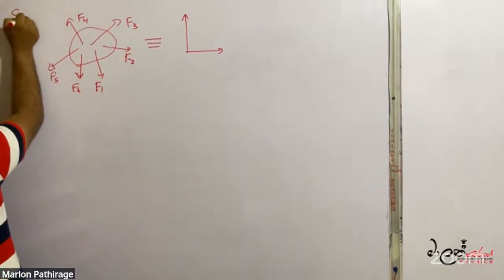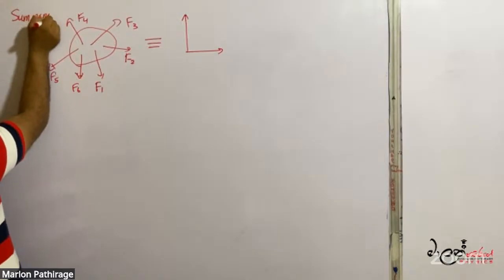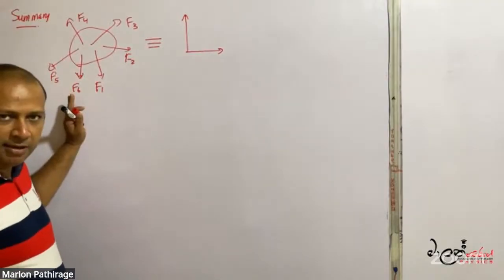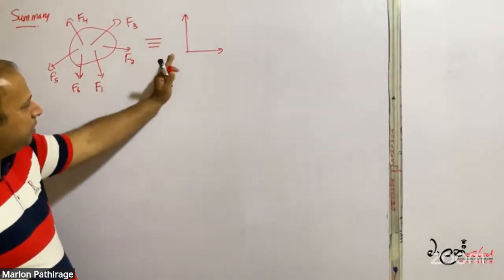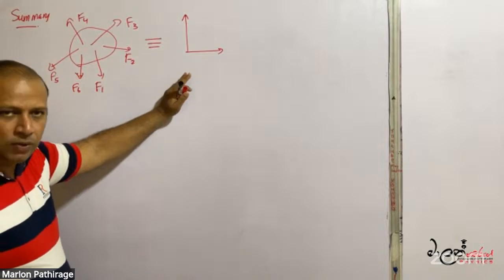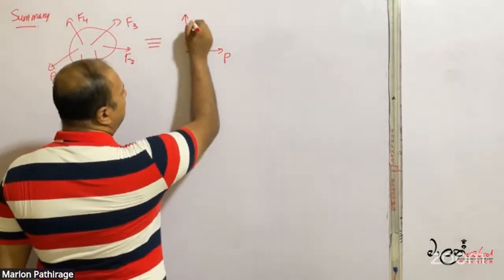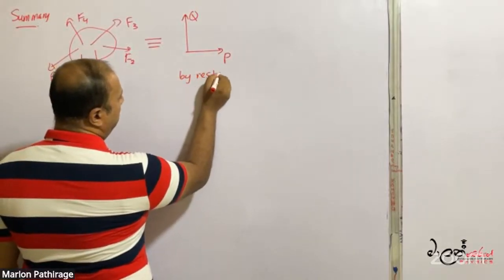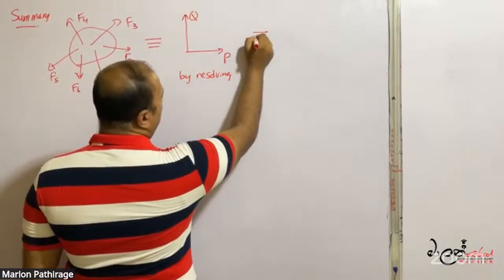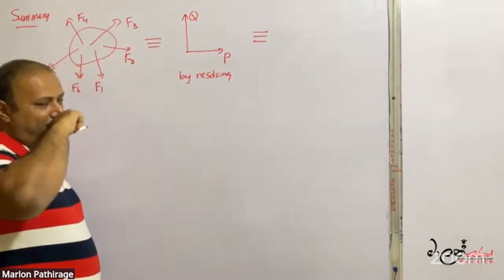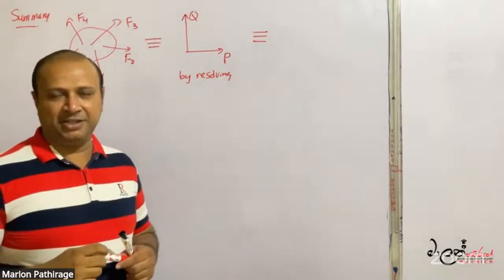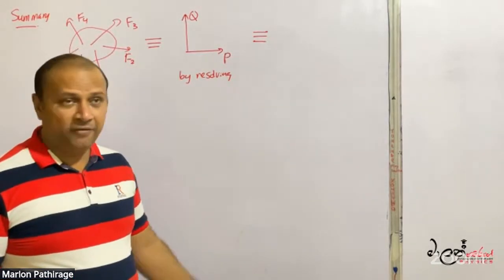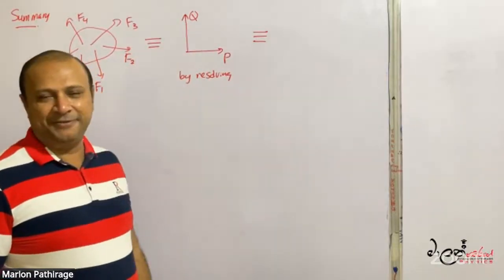So this is the summary of that lesson. A vector system can be reduced into 2 perpendicular vectors by resolving. Now you can reduce that vector system into one single vector by taking the resultant vector of these two vectors.